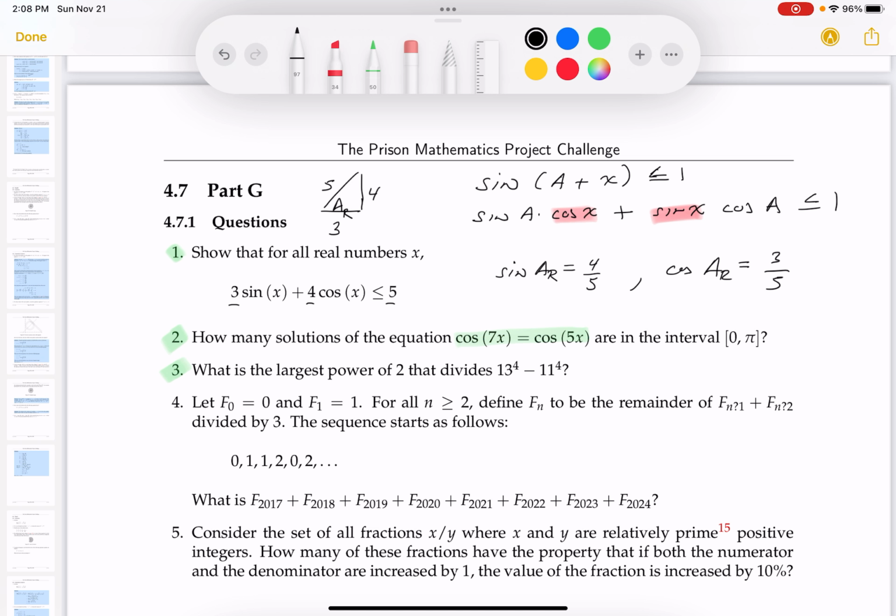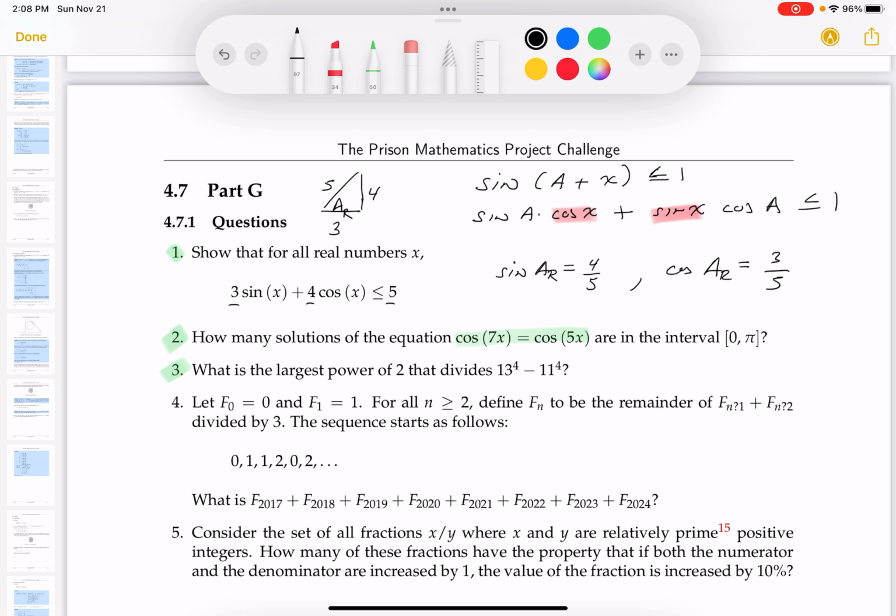All right, so I gotta be careful here because that's a reference angle and there's other angles, right? So I gotta be really careful about this. And let's take a look. Sine of A reference is 4/5. And the cosine of A is 3/5.